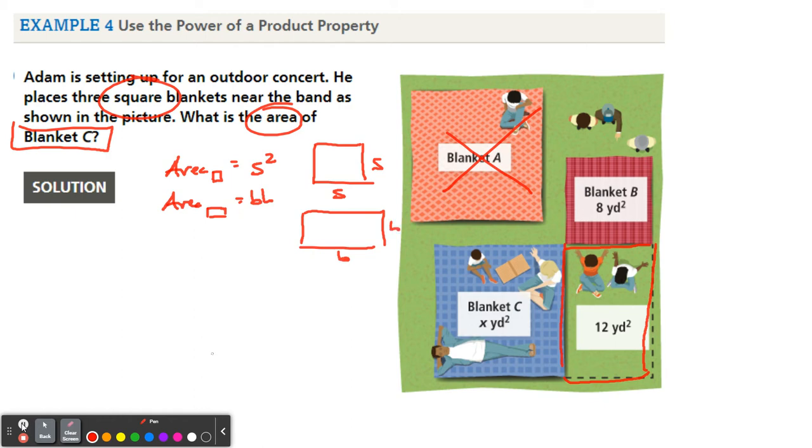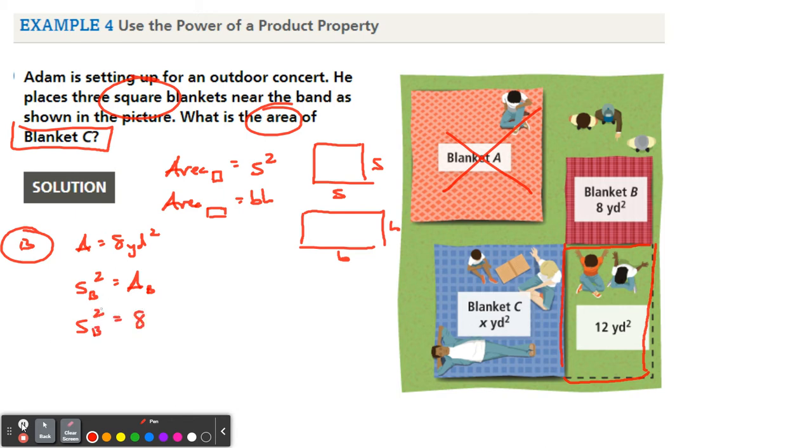So let's focus on blanket B first. Blanket B has an area of 8 yards squared. To find the side length of square B, the side length of B squared equals the area of B, so the side length of B squared would be 8.